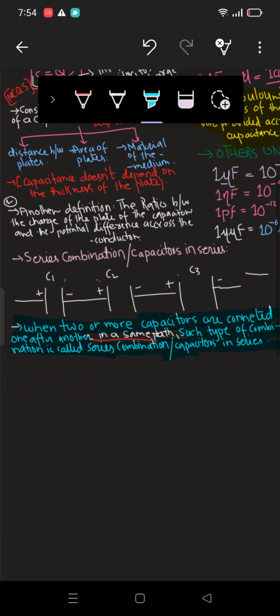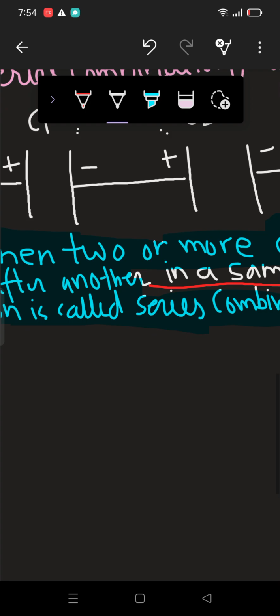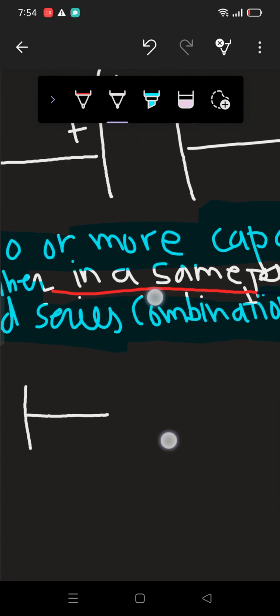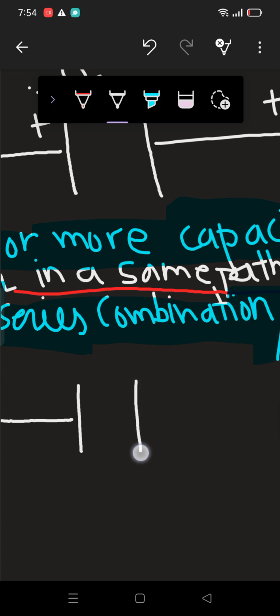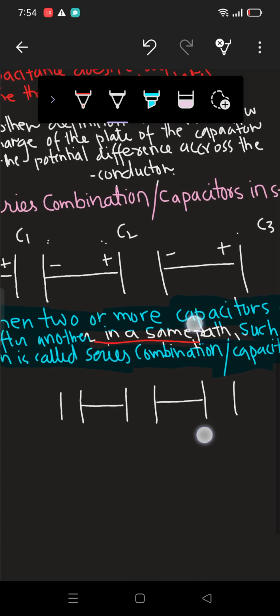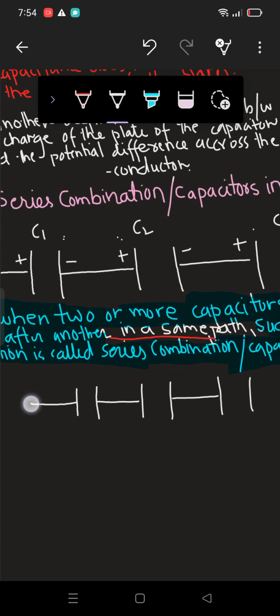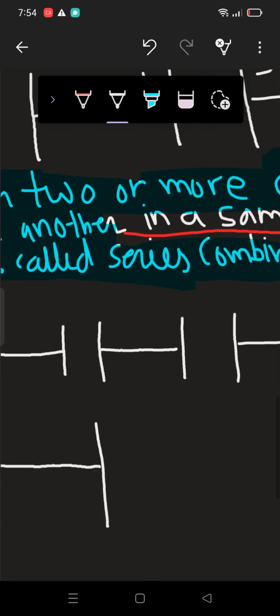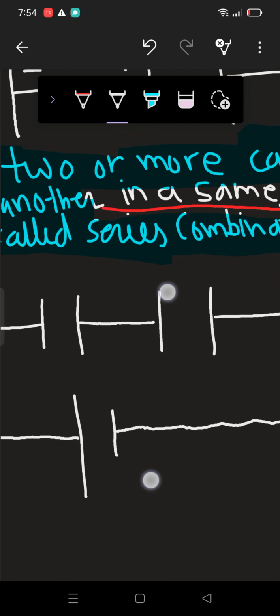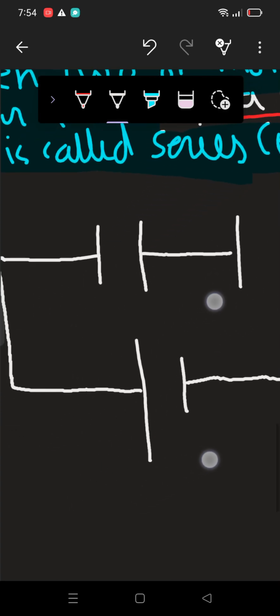So now let me make the diagram of the series here. This is capacitor number 1, connected in a single path. This is capacitor number 2, again capacitor number 3. They are connected in a single path. Of course, the positive plate would be connected with the positive terminal of the battery, and the negative plate of the capacitor would be connected with the negative terminal of the battery, with V volt provided.